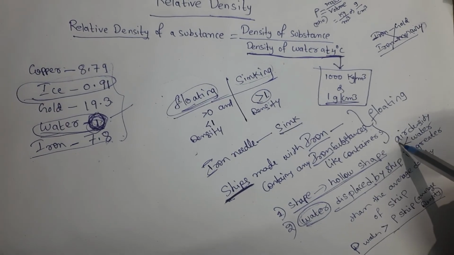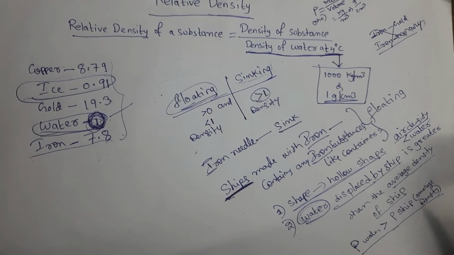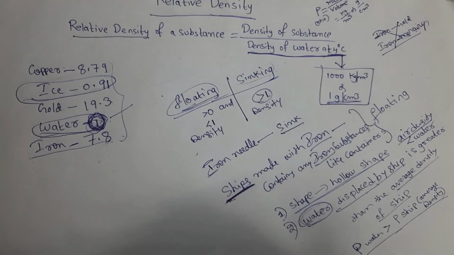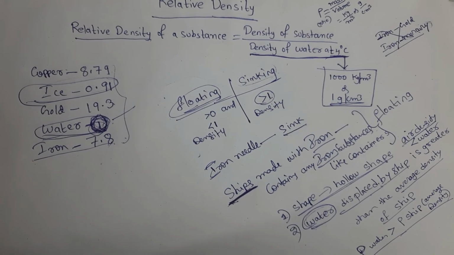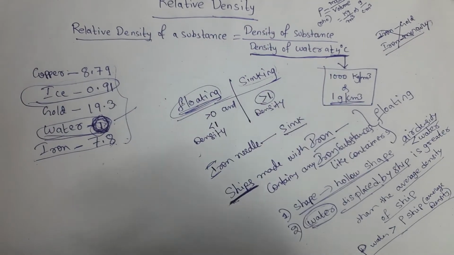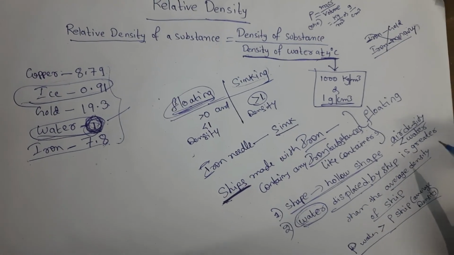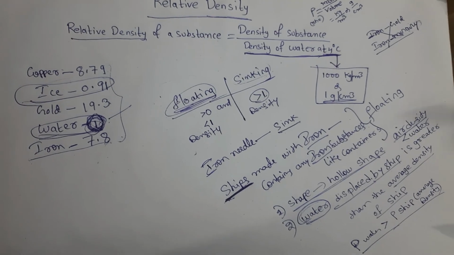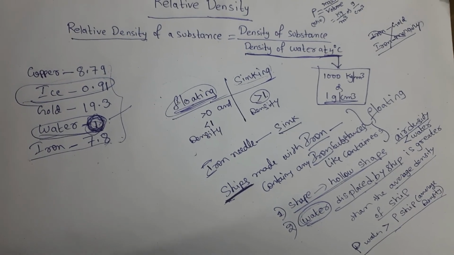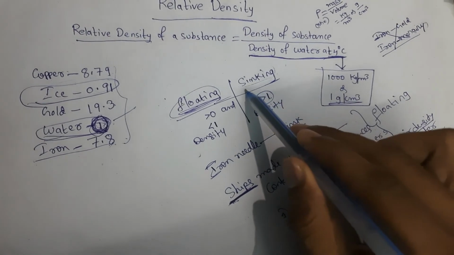So with the density of air, the average density of the ship will be less than water. If it is less than water, then the ship will float. So when water enters the ship, the air will be thrown out of the ship and the density will be more than the water and it will sink.